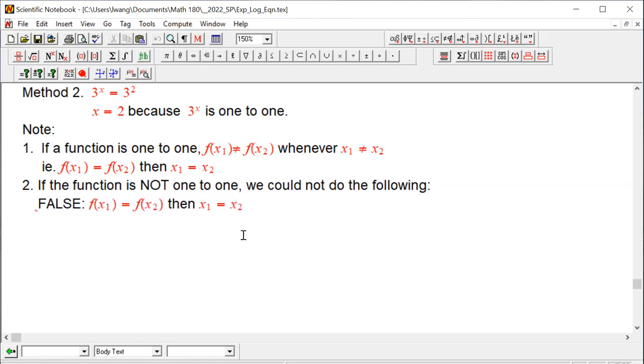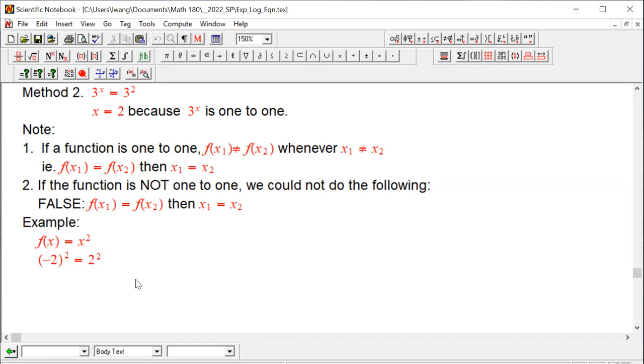Here I have examples for you. It's very important to understand these examples. The first one, a simple example: suppose f of x is equal to x squared. Negative 2 squared is equal to 2 squared.